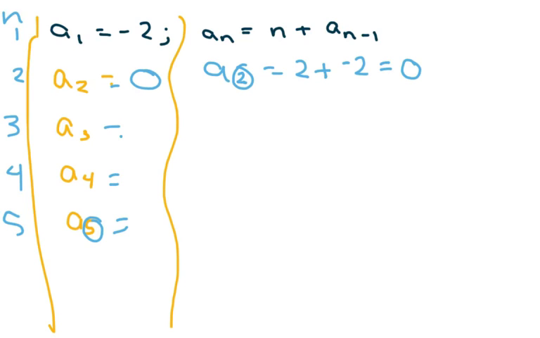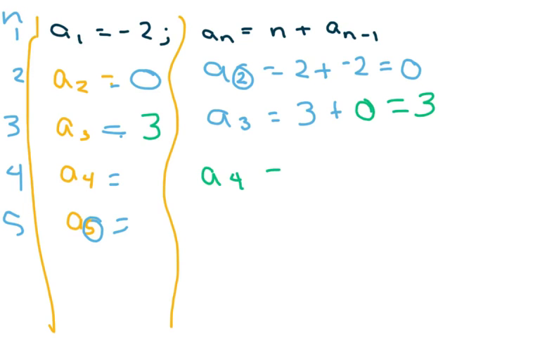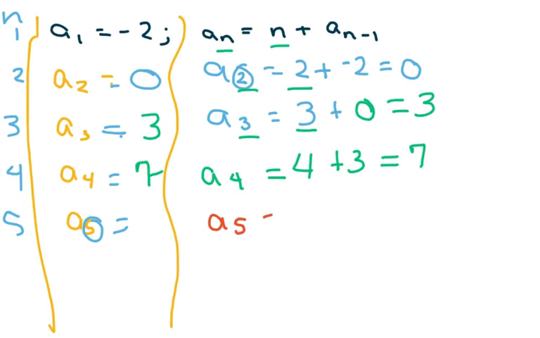All right, a sub 3 equals 3 plus what's your previous term? It is 0. So 3 plus 0 is 3. a sub 4 equals 4. These numbers are matching here because that's your n, plus your previous term. So that equals 7. And the last one, a sub 5, equals 5 plus your previous term, which is 7, and that equals 12.